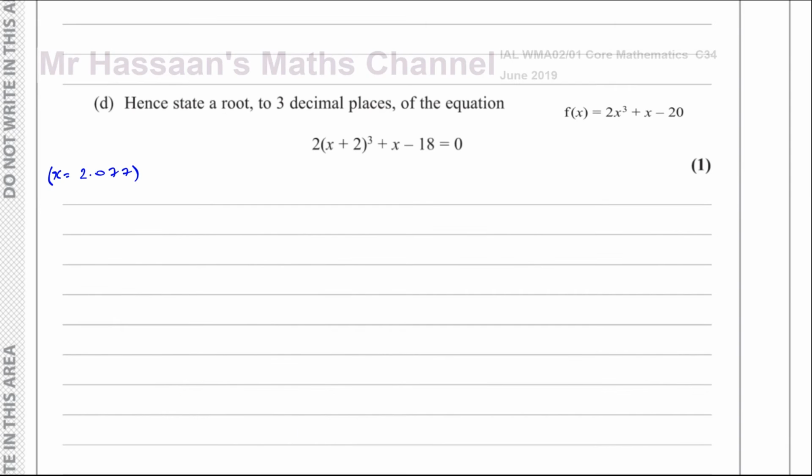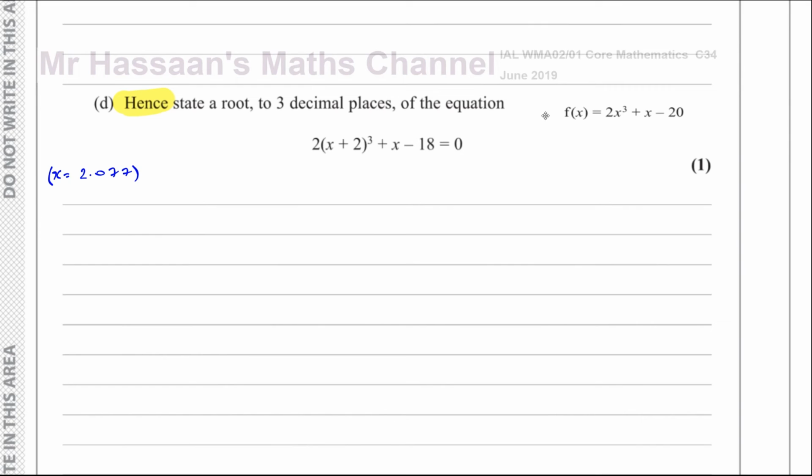Now for part D, it says, hence, state a root to 3 decimal places of the equation 2 times x plus 2 cubed plus x minus 18 equals 0. Now the key word here is hence. Hence means using your answer to the previous equation.